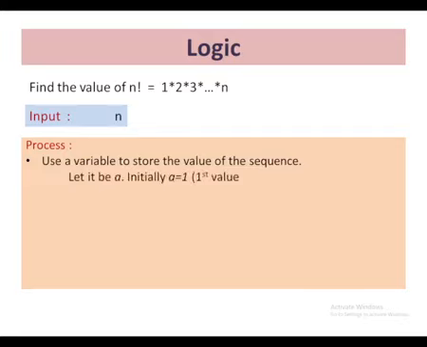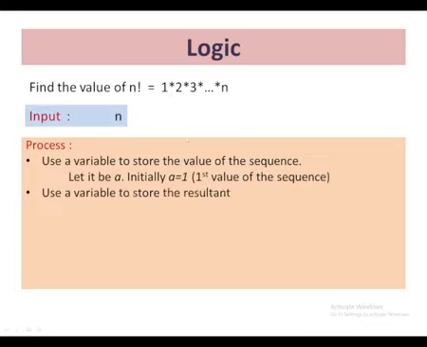Initially a equals 1, because that is the first value of your sequence. Then I use another variable. Sum may not be relevant, so we need a variable name that tells the purpose of the variable. So I have used prod instead of sum, which will be initialized to 1.